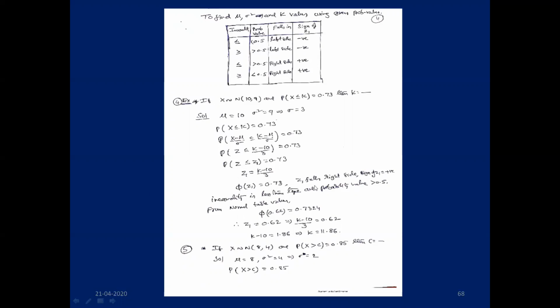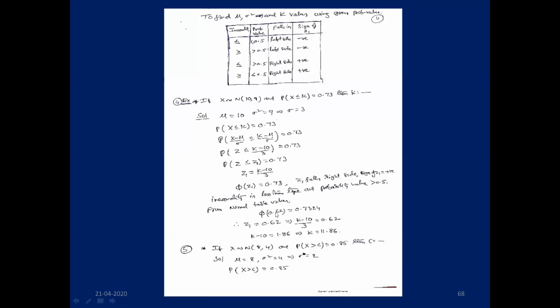Now Z1 falls on the right side because the inequality is of less than type and the probability value is more than 0.5. So the sign of Z1 is positive. From the normal table, the closest value to 0.73 in the CDF table is 0.7324.